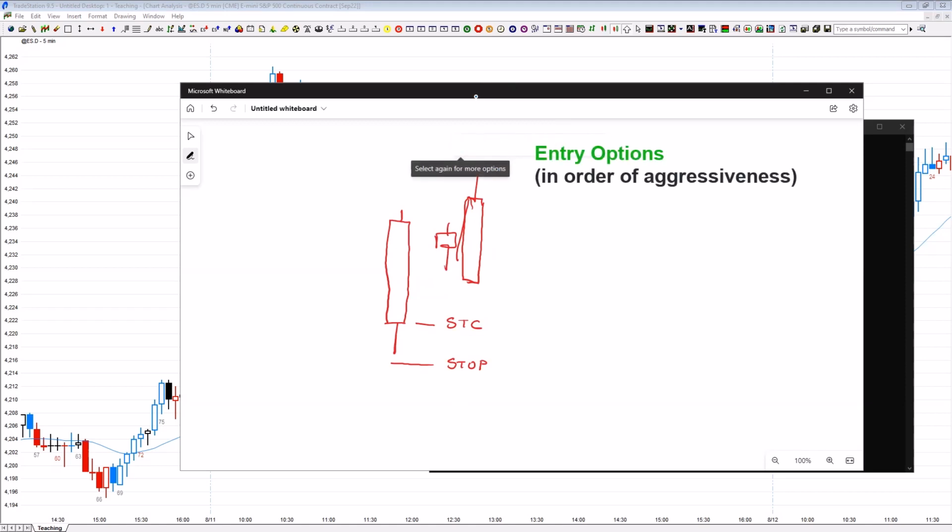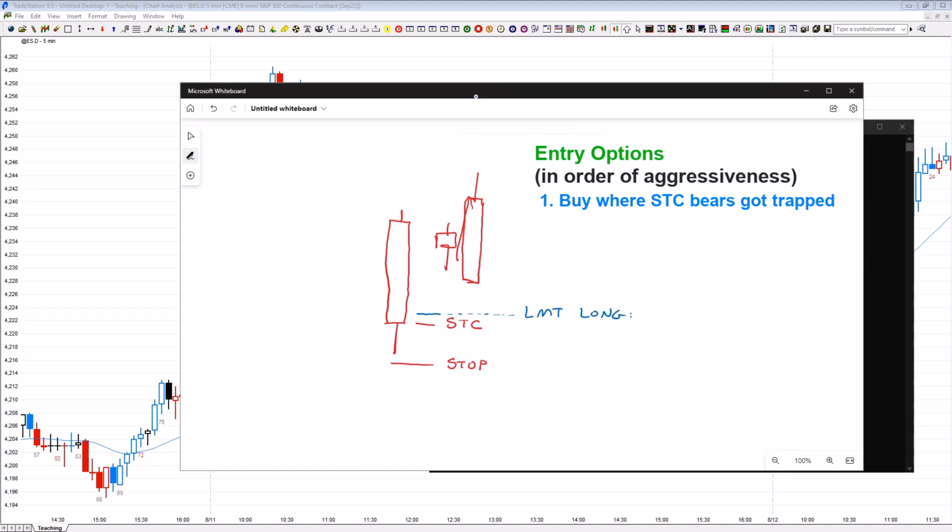One way is to say, these sell the close bears got trapped. Therefore, if this was the entry point, the close of that bar, I want to be buying just above it. So this would be your buy. So this would be limit long.